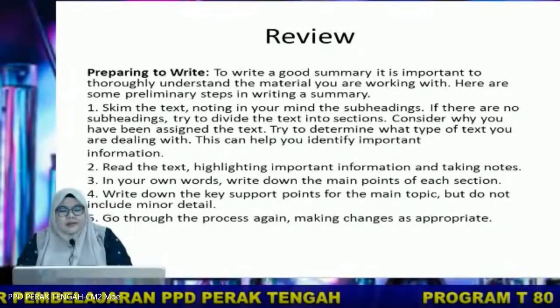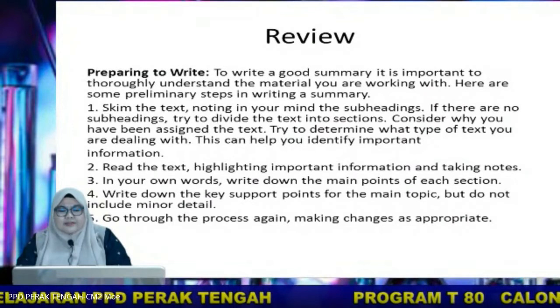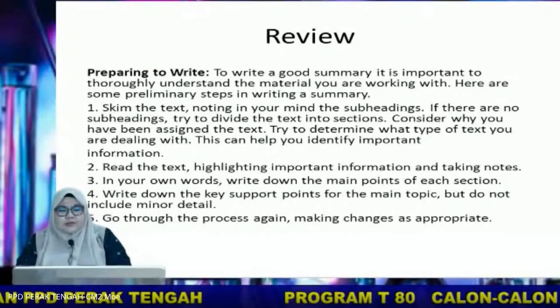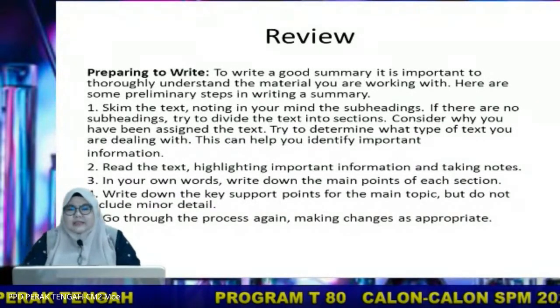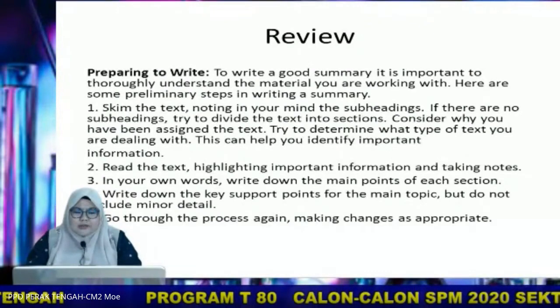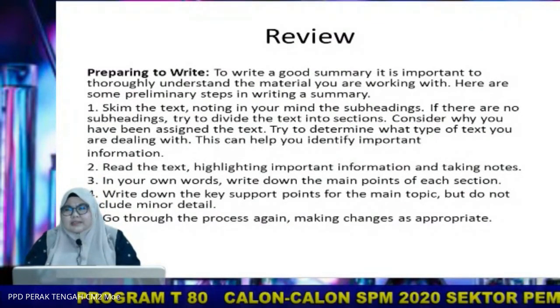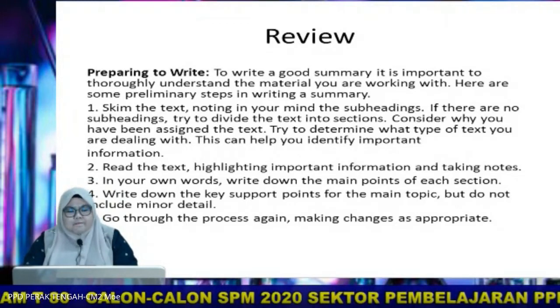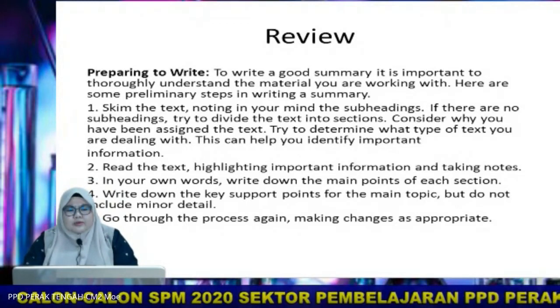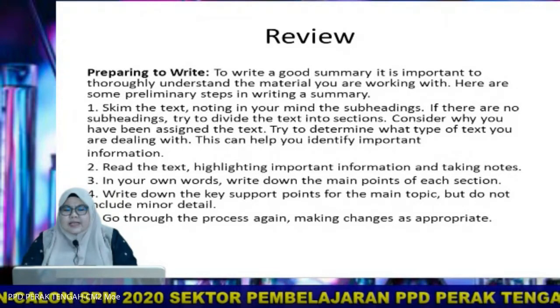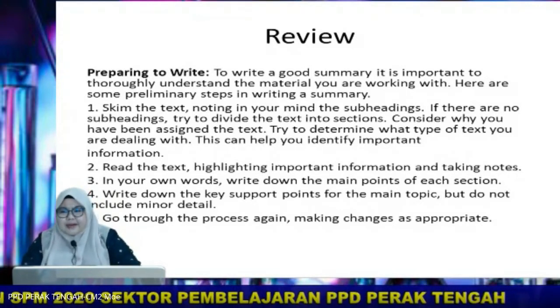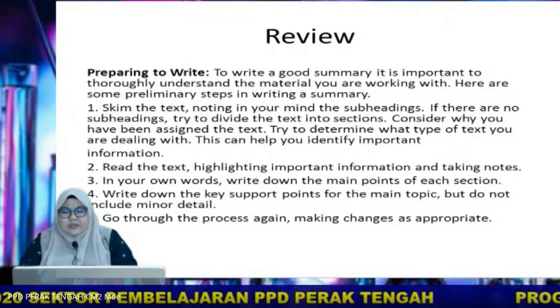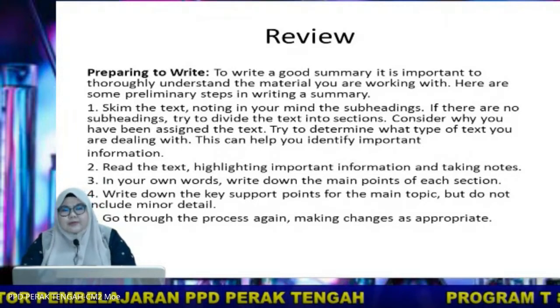Fourth, write down the key support points for the main topic, but do not include minor detail. This is very important. Do not include minor detail because sometimes it is not considered as your content points. And last one, go through the process again, making changes as appropriate. So that's the review for our summary.